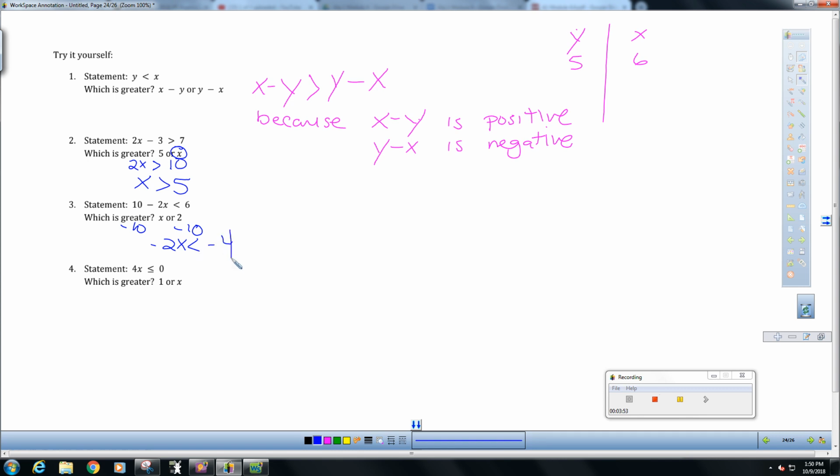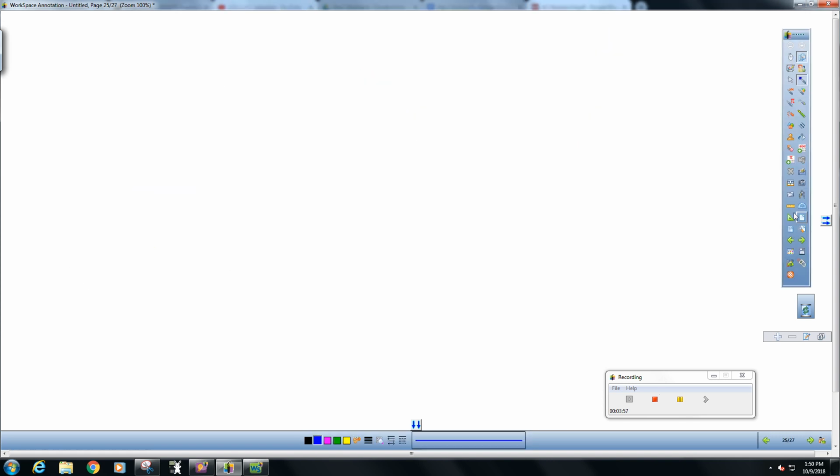Now, what happens to an inequality sign when we divide by a negative, Carson? You've got to flip the sign. Do you know why, or do you just know the rule? Which one's bigger? Pick any negative number you want, please, Carson. Negative 62. Now multiply both sides by negative 62.